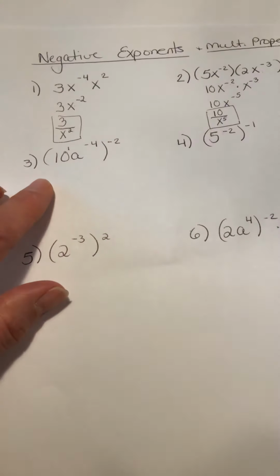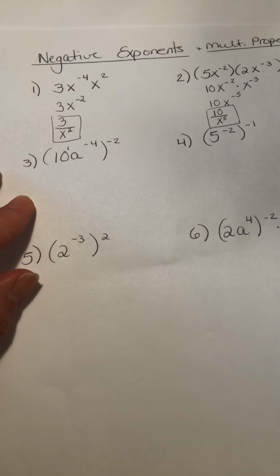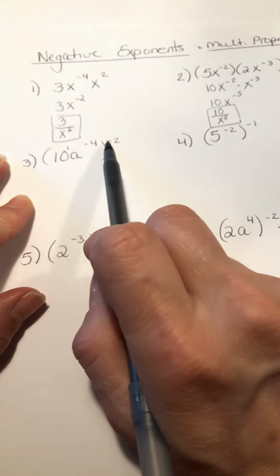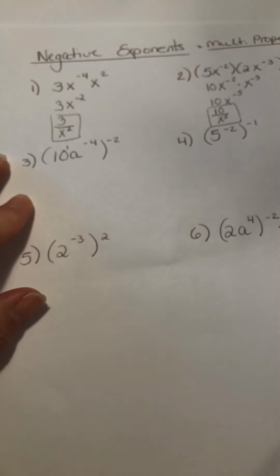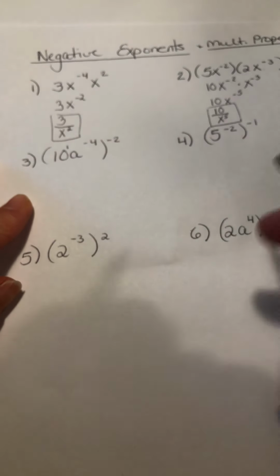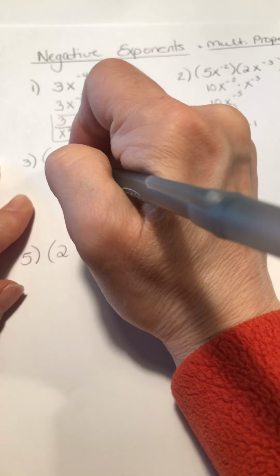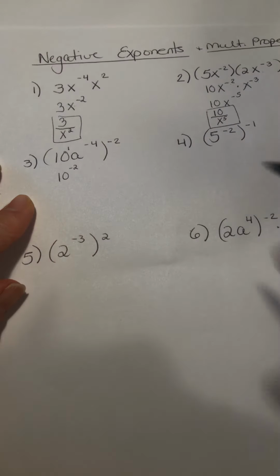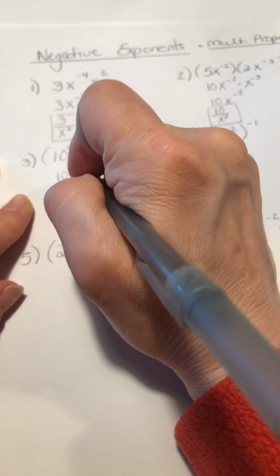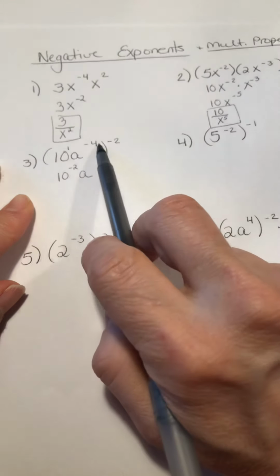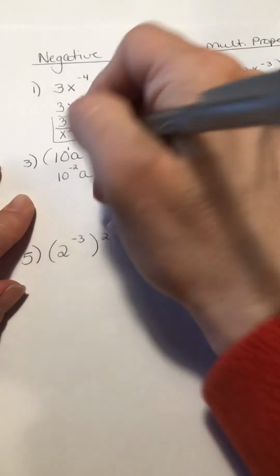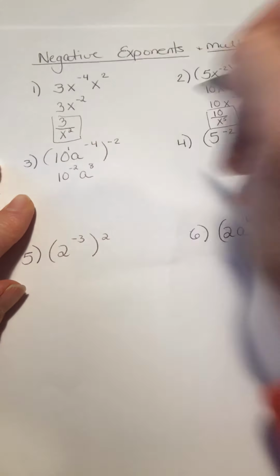So just so that I don't forget, I'm going to put a 1 there to remind myself that I also need to multiply that 1 by the negative 2 as well. So this 10 to the 1st power becomes 10, and then 1 times negative 2 is negative 2, and then a to the negative 4th raised to the negative 2nd power. Negative 4 times negative 2 is a positive 8.